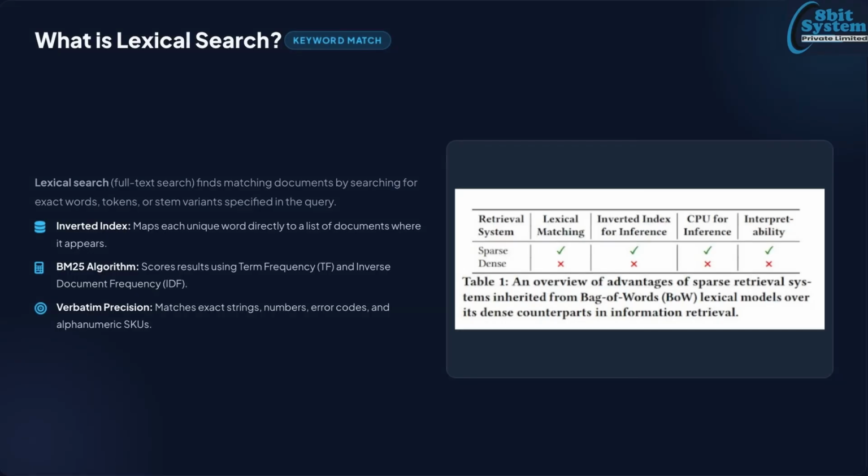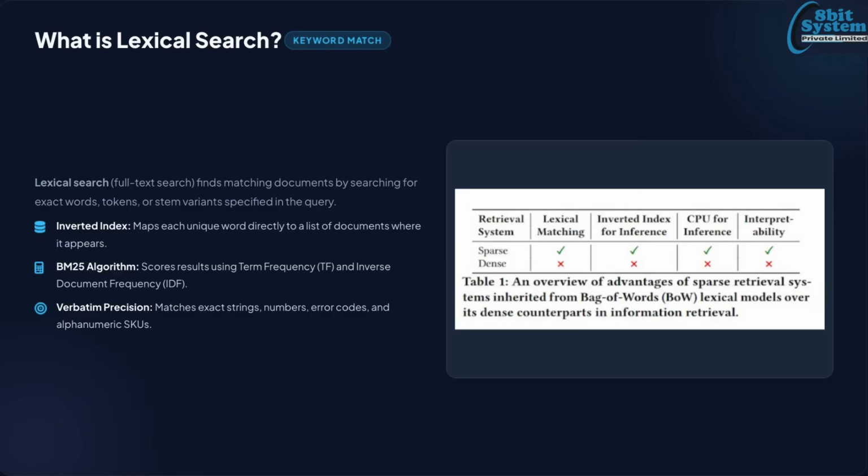Lexical search performs well in these situations because it focuses on exact text matching. That's why it is widely used for log analysis, product catalog searches, legal documents, inventory systems, and system diagnostics. So if your application requires highly accurate keyword matching, lexical search is usually the best choice.